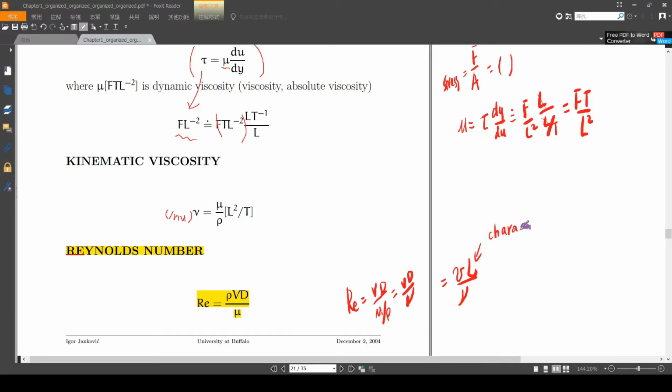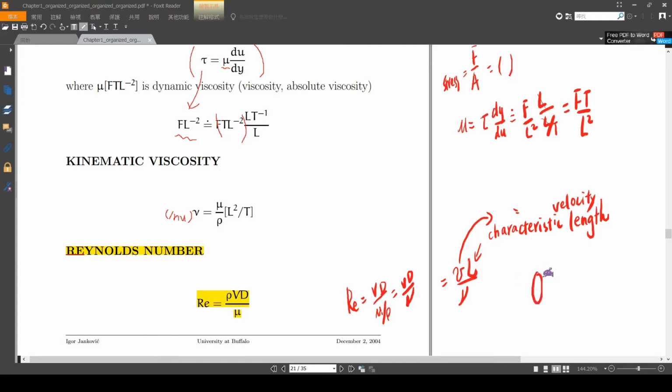What do I mean by the characteristic? This is the characteristic length, and this is the characteristic velocity. It means that different fluids have different velocities and of course different lengths.